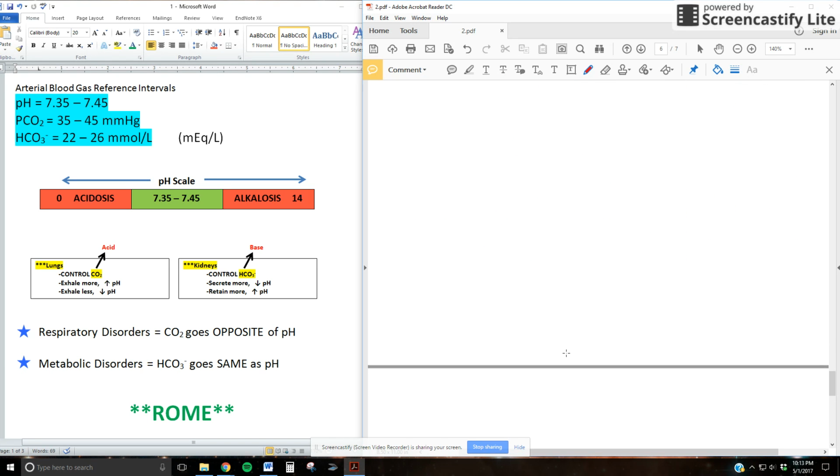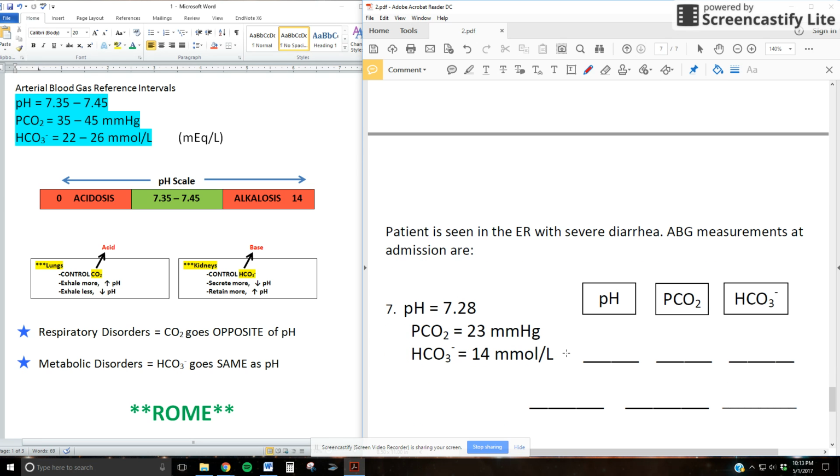And then for our last problem that we'll go over, they'll hit us with a case study, essentially. A patient is seen in the ER with severe diarrhea. Okay. Well, the ABG measurements at admission are, they give us the pH, PCO2, HCO3, just go through it, make it easy. 1, 2, 3. pH, 7.28.